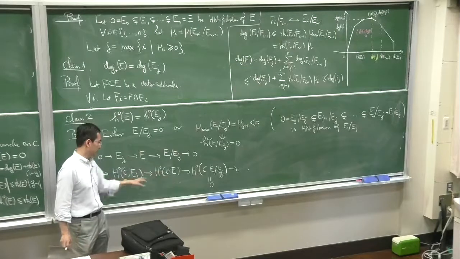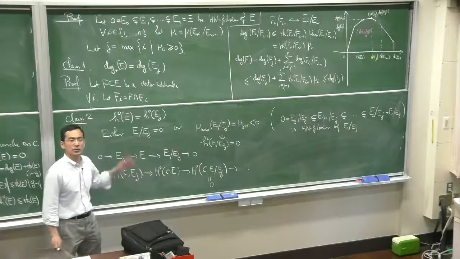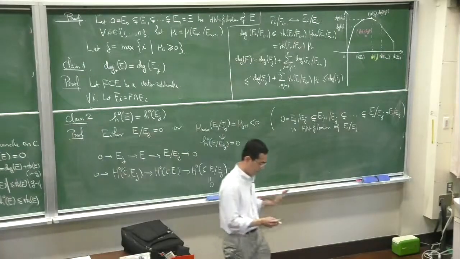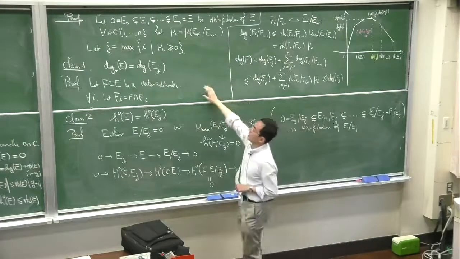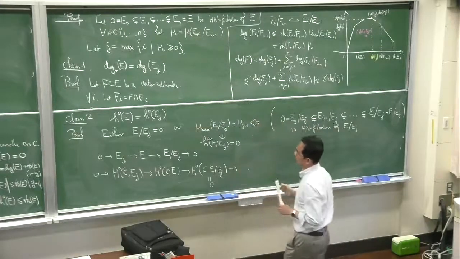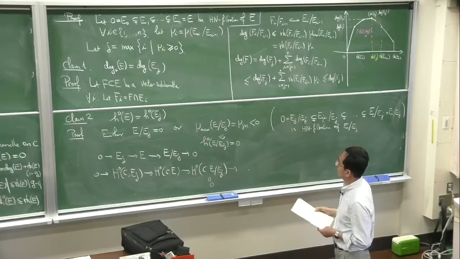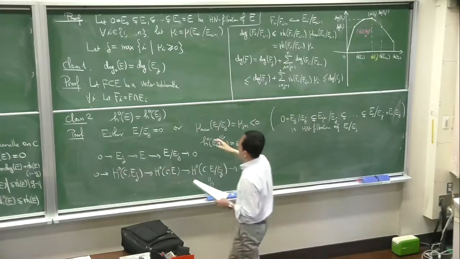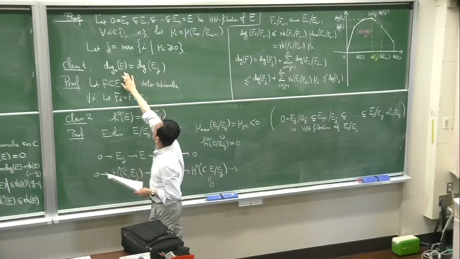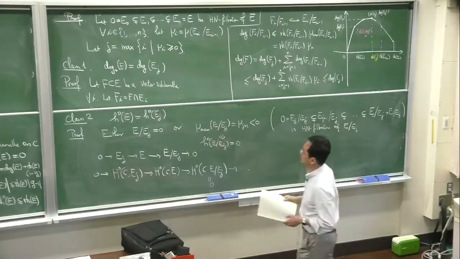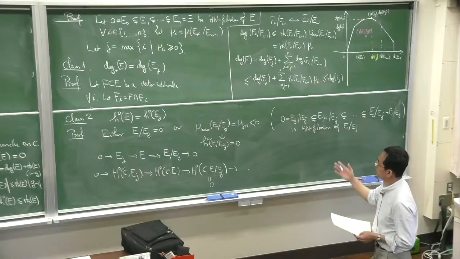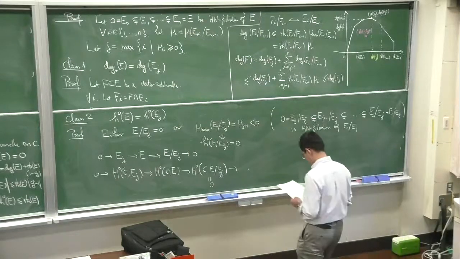So you have an isomorphism between these two cohomology groups. So anyway, you have equality. So these two claims allow us to prove the statement for the case where E is replaced by Ej.